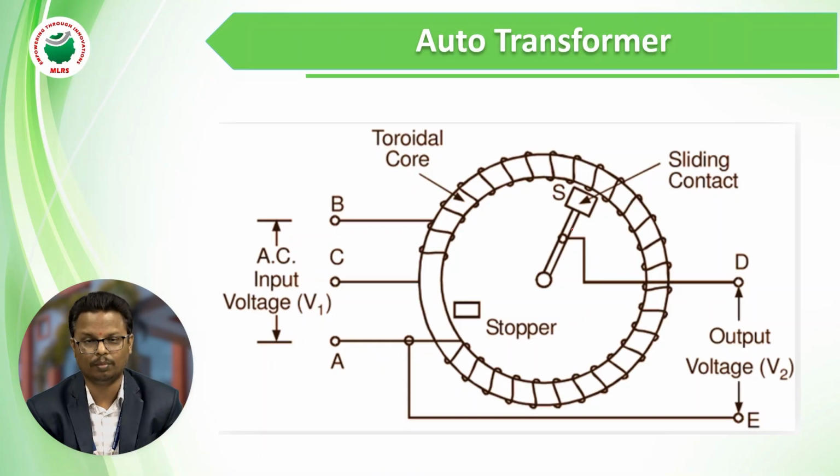When the slider moves, if you want to increase the voltage, the number of turns should be increased by moving the slider, so that the induced EMF will increase. In the same manner, if the number of turns is reduced, then the voltage also decreases. In this way we can vary the voltage, to increase or decrease.